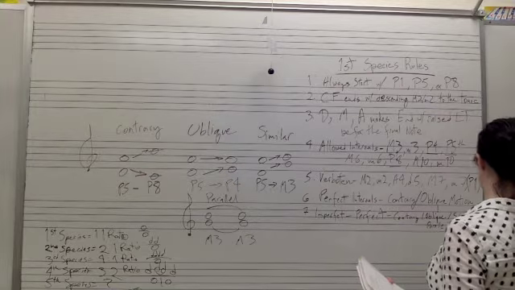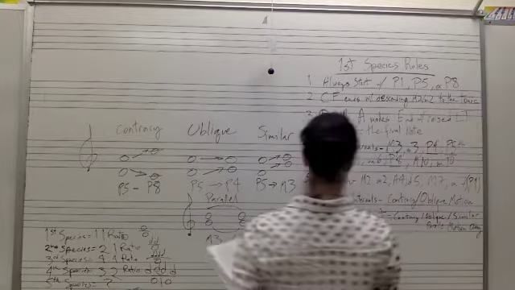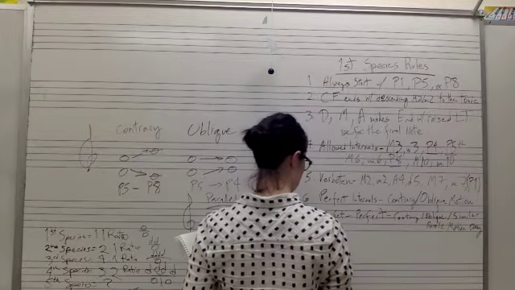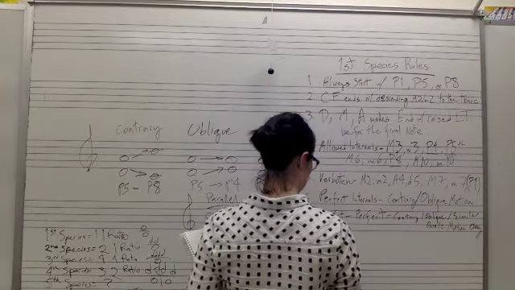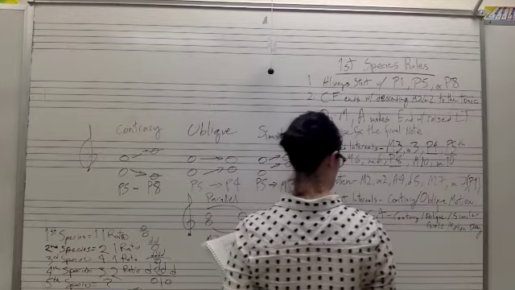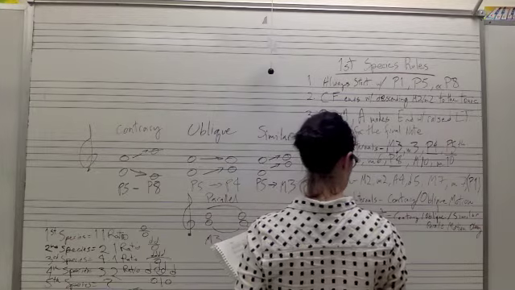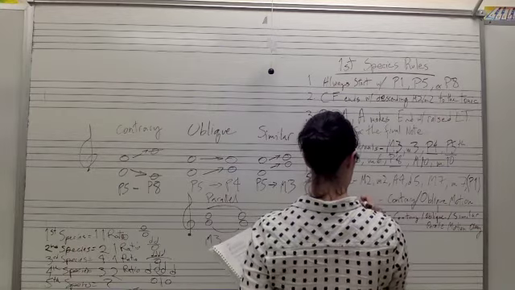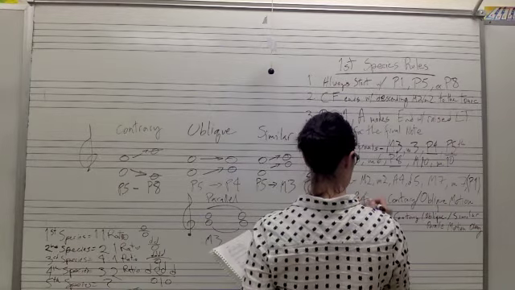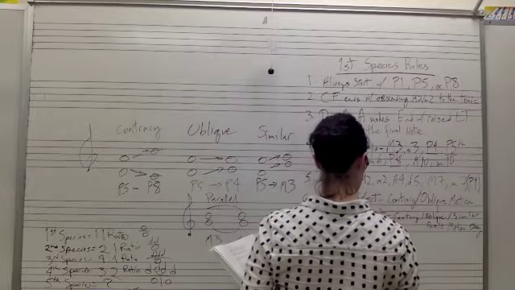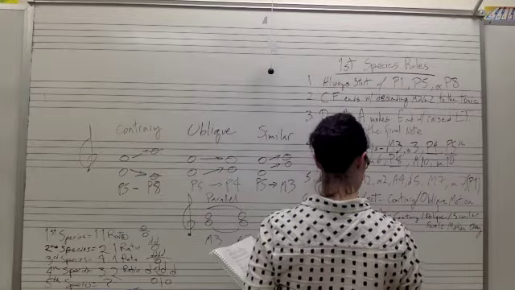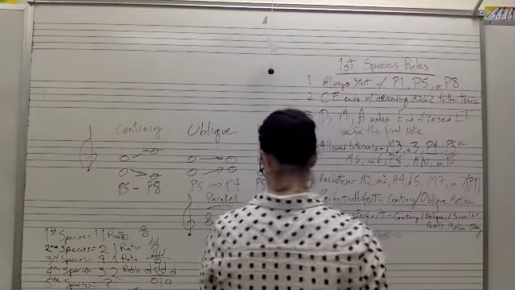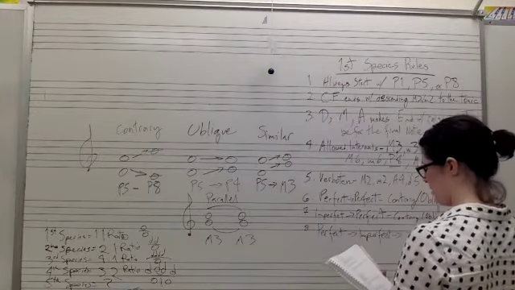Now if you're going from a perfect to an imperfect, so perfect to perfect right here, you can do similar, contrary, or oblique.